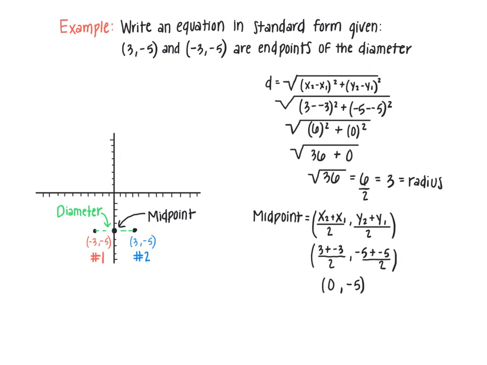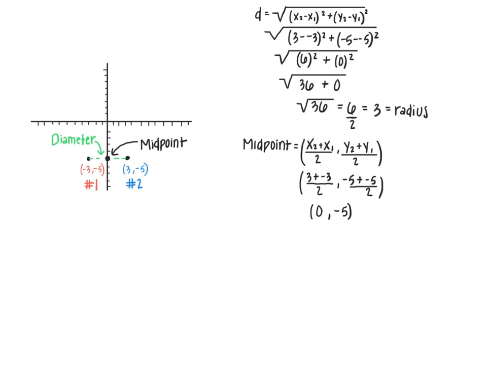So I have enough information to go ahead and plug it into the standard form equation. So we know x minus h squared plus y minus k squared is equal to r squared. I can plug in the numbers. X minus 0 squared plus y minus negative 5 squared is equal to 3 squared.